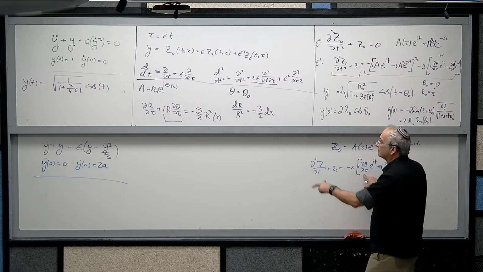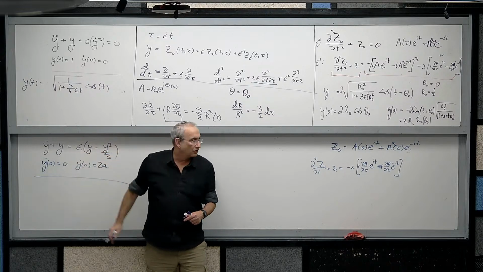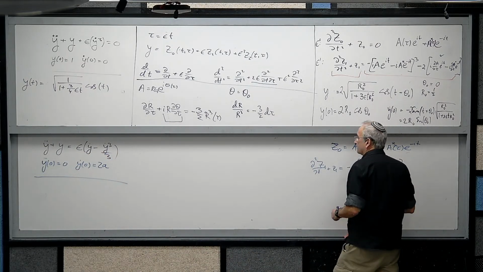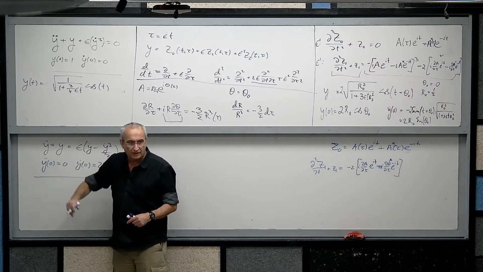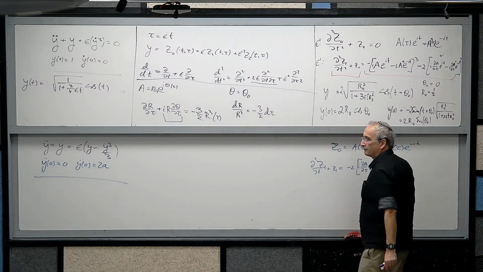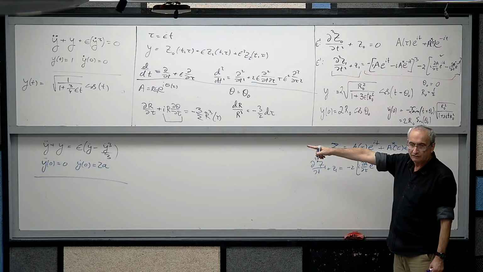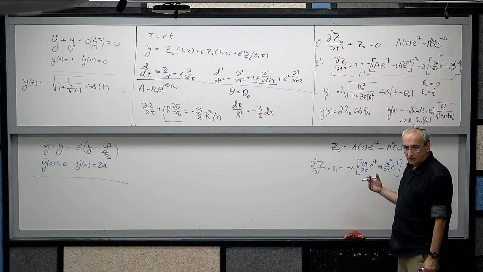This is not from this term, this is from that term. Now I have to collect the terms from the right, but because I have an epsilon in front of it, I will take only terms that are zeroth order in epsilon.